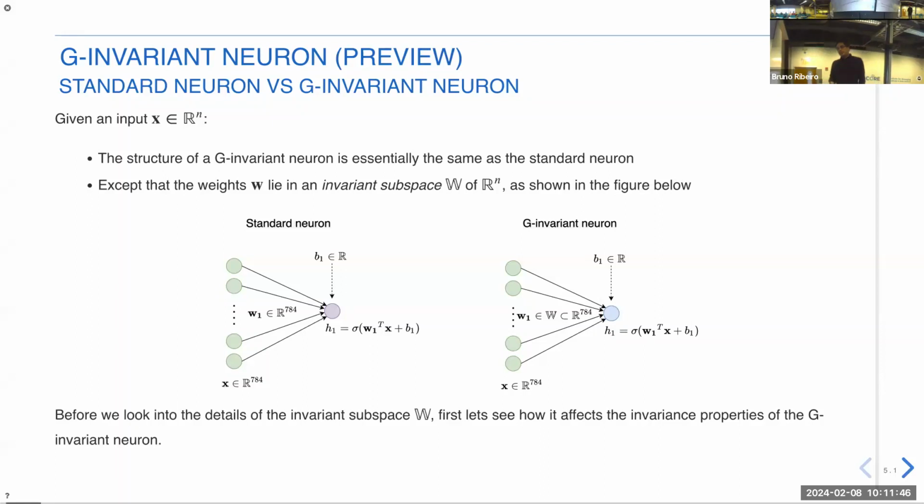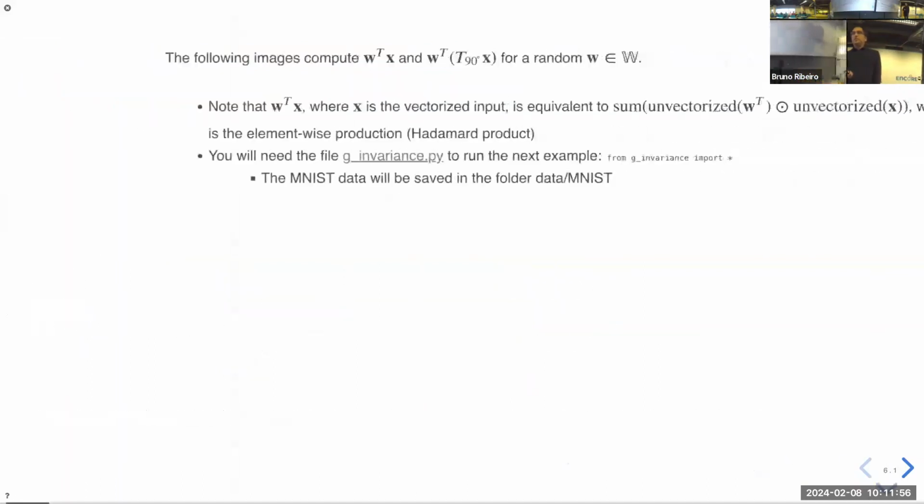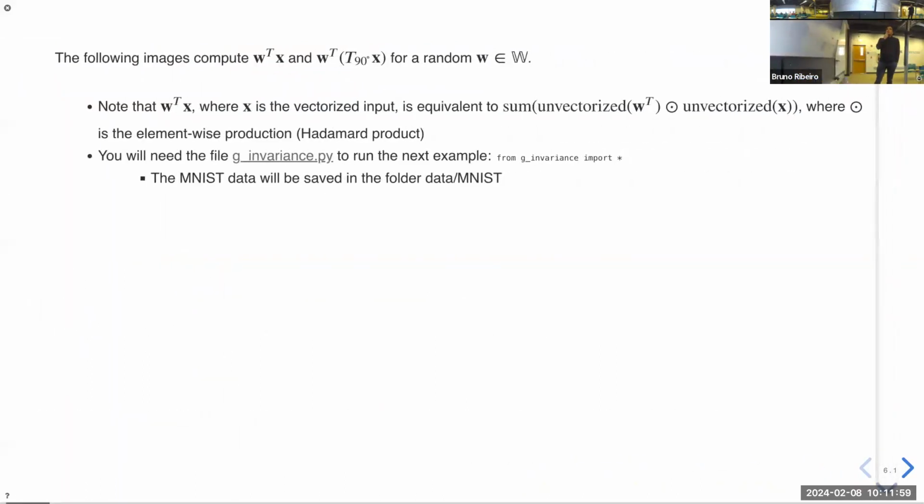So, before we look into the details of this invariant subspace, let's see how it affects the invariance properties of the G-invariant neuron. For the following image x, we are going to compute this inner product with this weight vector, and we are going to also compute the inner product with a transformed input where I'm going to do a 90-degree rotation of my image, okay?